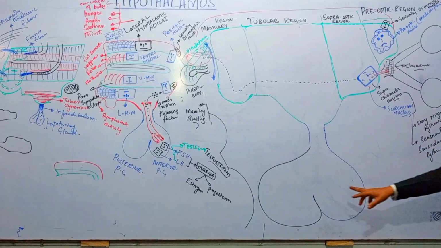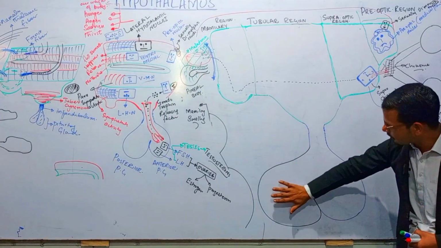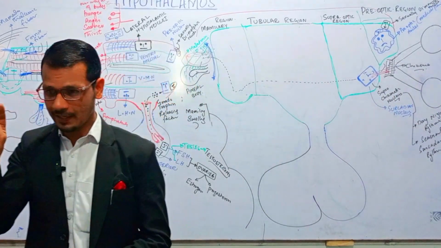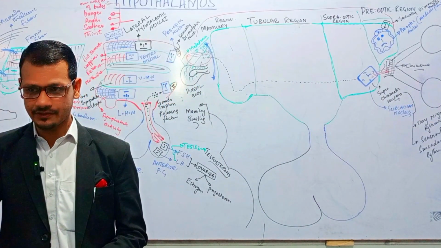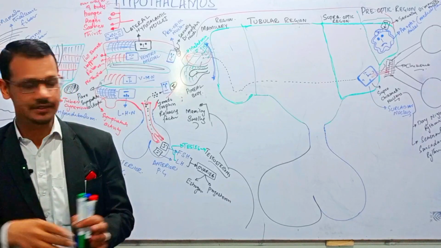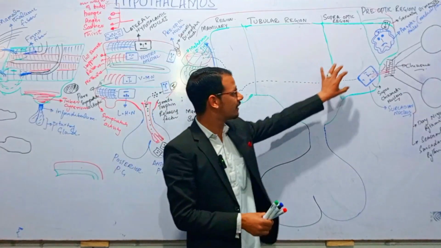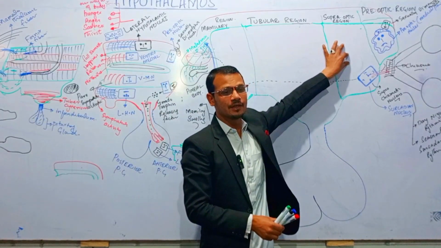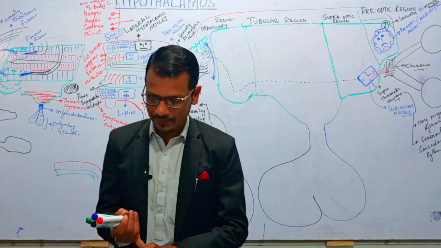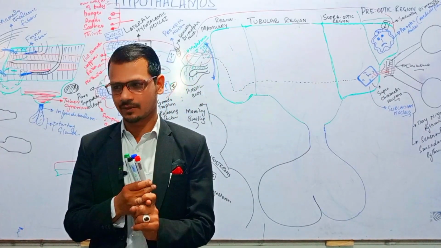Next, our posterior pituitary gland produces two types of hormones only. One is oxytocin and the second is antidiuretic hormone. Right? Now we will discuss both these hormones, because the supraoptic nuclei are responsible for producing oxytocin and antidiuretic hormone.